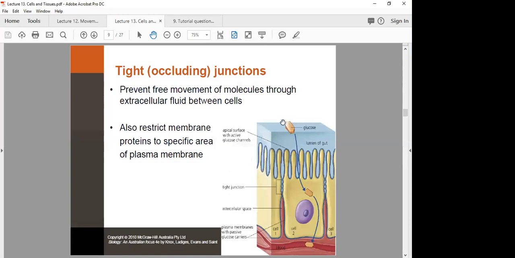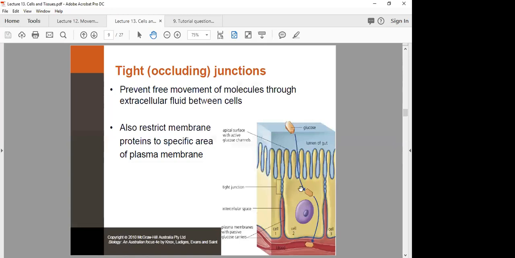Okay, so let's look at our glucose molecule. In order for glucose to actually move into the cell, it has to be actively transported by membrane transporters that are found in the plasma membrane here. They're not shown here, but they do exist. They're active glucose transport proteins. They move glucose into the cell, and these active glucose transporters are found only on this side of the epithelial cell.